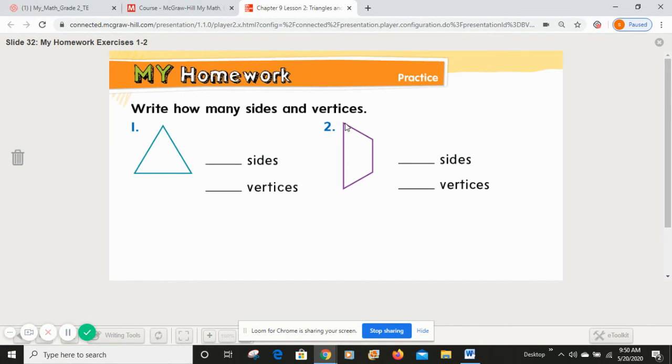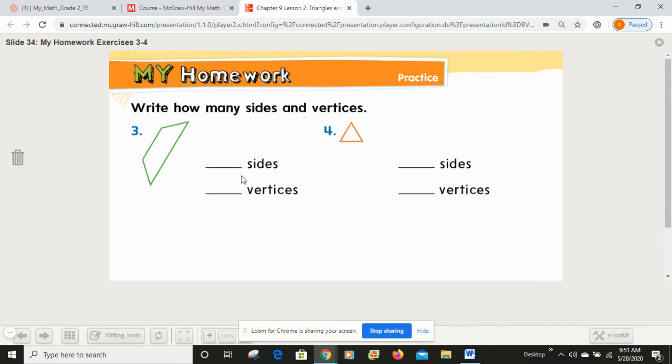It has 4 corners, 1, 2, 3, 4. But because it has those 2 sides that slant in, and we don't have square corners anymore, this one is called a trapezoid. So 3 sides, 3 vertices, 4 sides, 4 vertices. Let's check our answers, and we are correct.